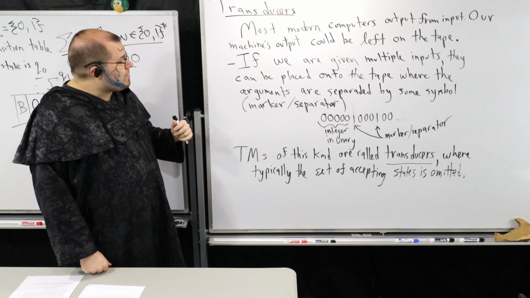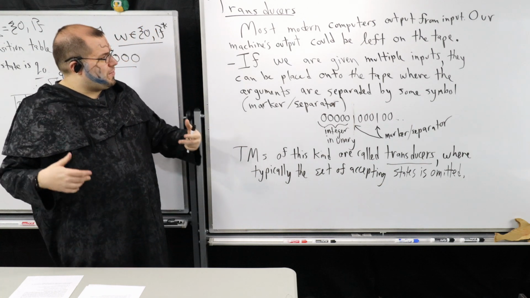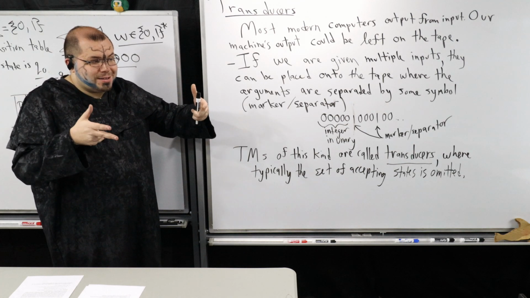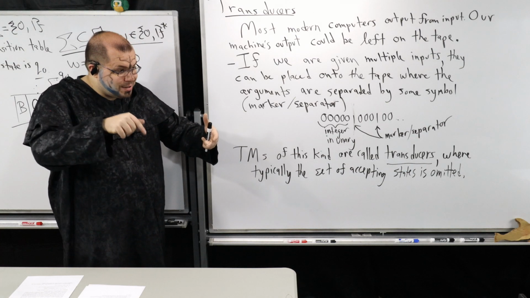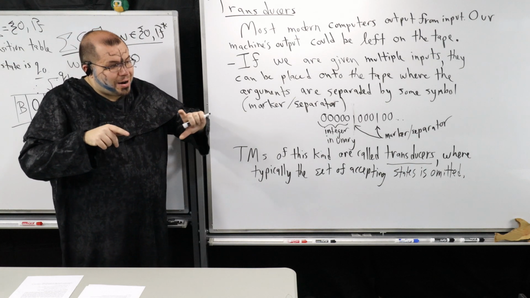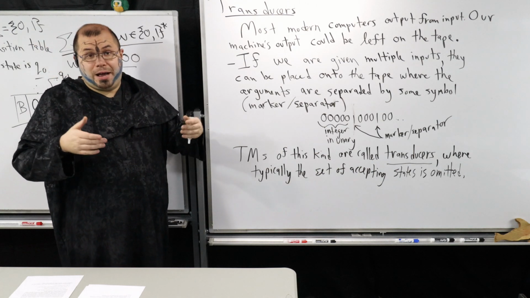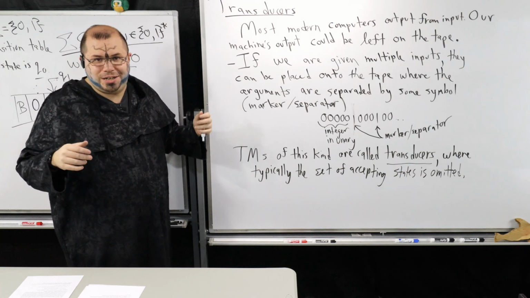The thing that's very interesting about this is that we care about the output that's sitting on the tape. What I mean by that is we're going to modify the input on the tape so that it reads as our output. This idea stems all the way back to when Alan Turing was talking about what he called automatic machines.